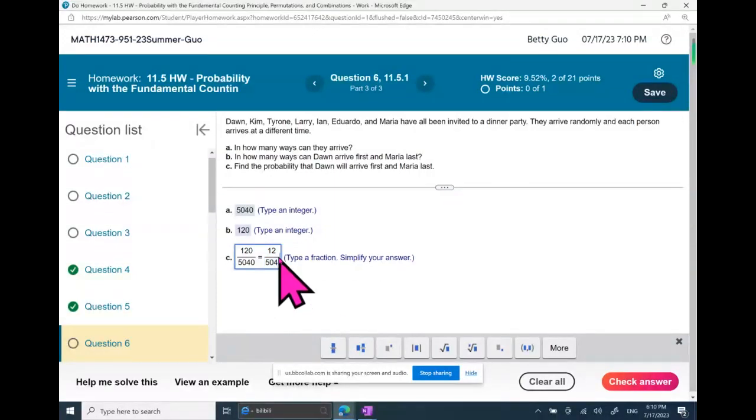Then keep going, because both top and bottom are even. We can divide 12 by 4 and get 3, and 504 divided by 4 gives us 1, 2, 6.